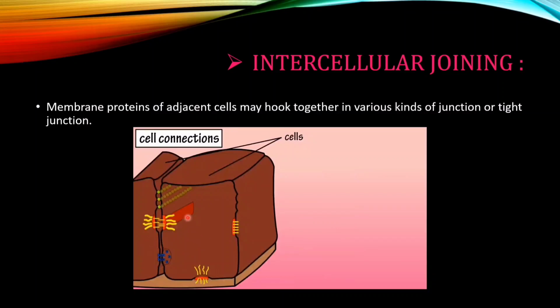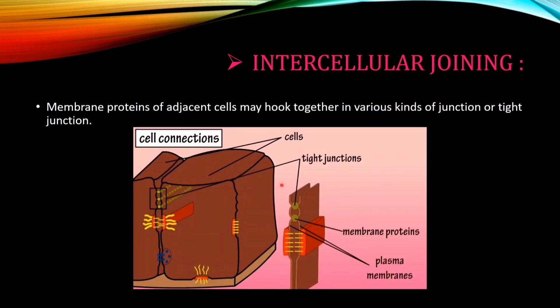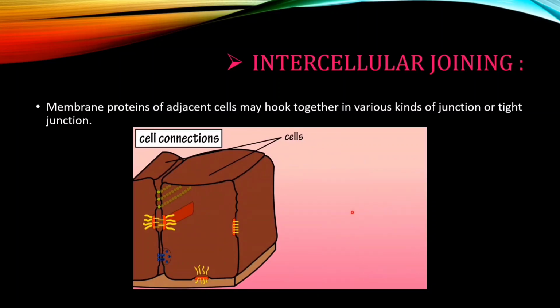Cells are connecting with each other via many kinds of junctions like tight junction, gap junction, and desmosome. And now this is the tight junction. This is the plasma membrane. This is the membrane protein, and it prevents substances from passing between the cells. It helps. Side by side, two cells are stitched together. That is known as the tight junction.